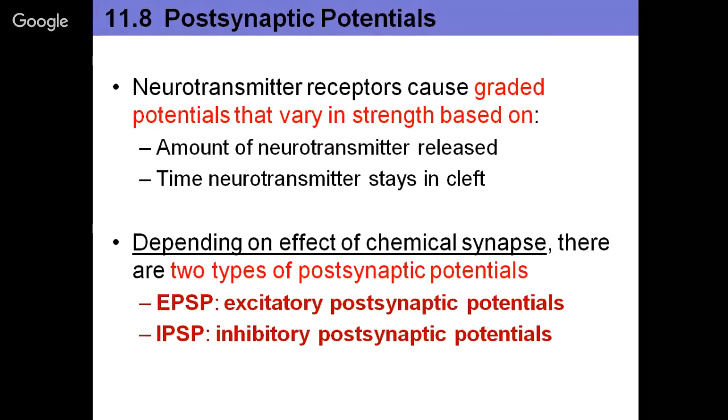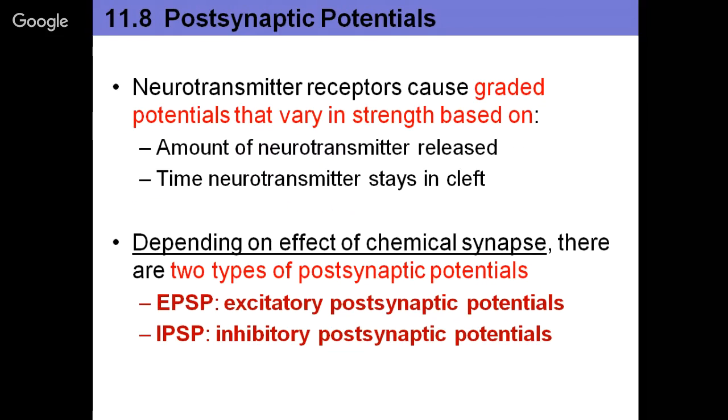So let's now talk about the postsynaptic potentials. When a neurotransmitter binds to a receptor, it causes something called a graded potential that varies in strength based on the amount of neurotransmitter released by the presynaptic membrane or the time the neurotransmitter stays in the cleft.